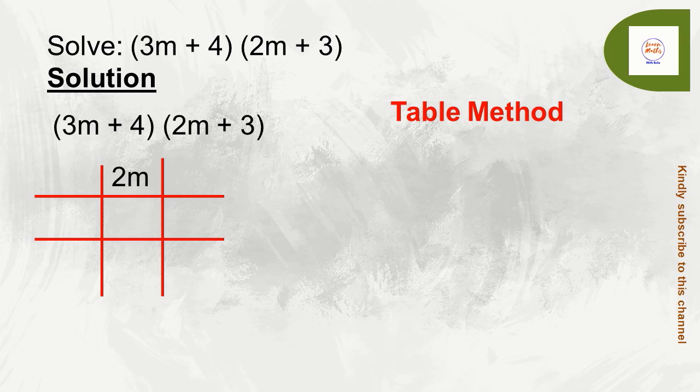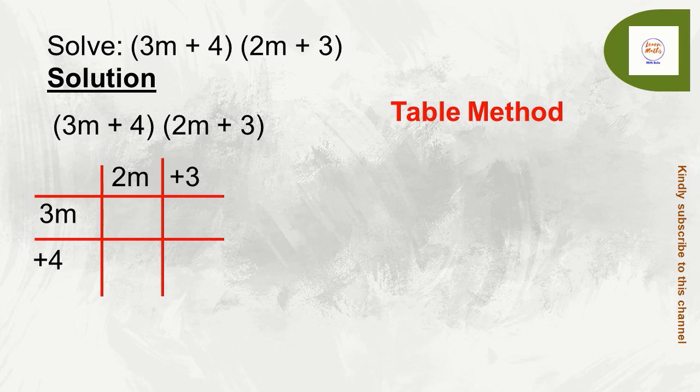So what do we do? We distribute the second one up to have 2m and plus 3. Don't forget to add the signs to the numbers. It is very, very important to prevent errors. Then we have 3m and plus 4. So what do we do? Just multiply them together.